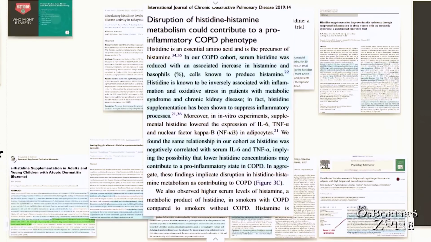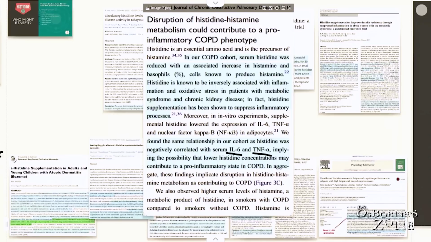Histidine is known to be inversely associated with inflammation and oxidative stress in patients with metabolic syndrome and chronic kidney disease. In fact, histidine supplementation has been shown to suppress inflammatory processes. We found the same relationship in our cohort, as histidine was negatively correlated with interleukin-6 and TNF-alpha.